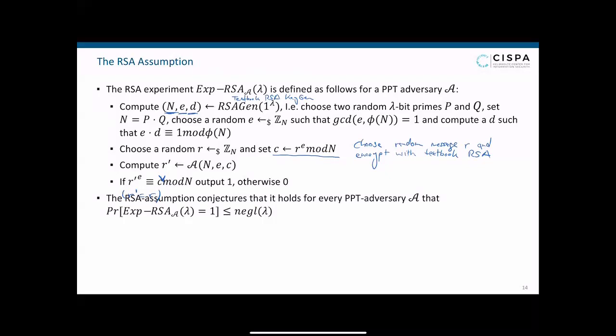Here, it says choose a random R in Zn, and we're choosing that fresh and uniformly and independently, right? In particular, independent of E and D. That's a fresh random choice. You can't use E or D here. The experiment demands that you choose something fresh, random, that you haven't used before.